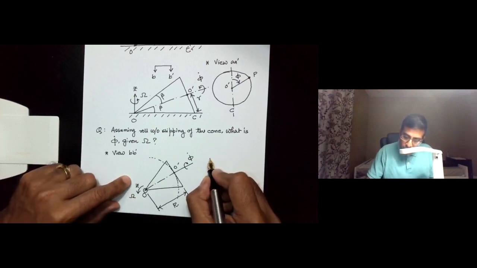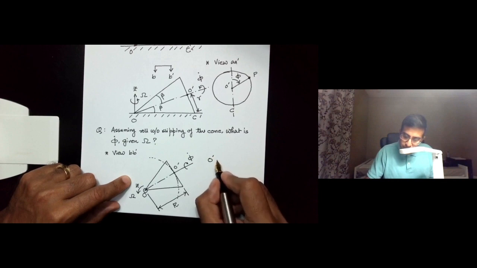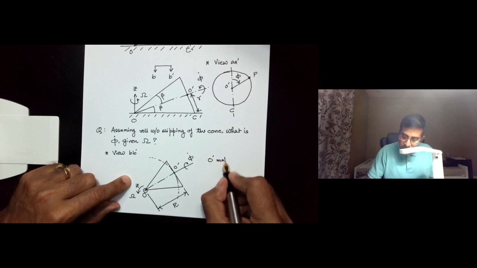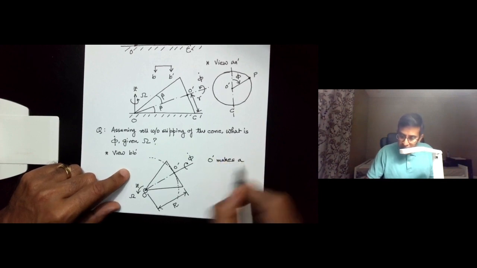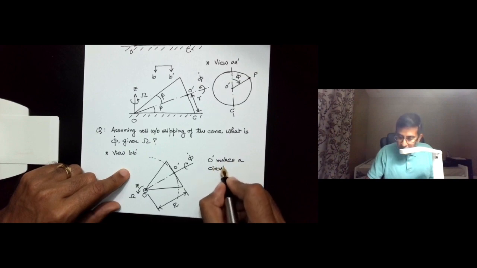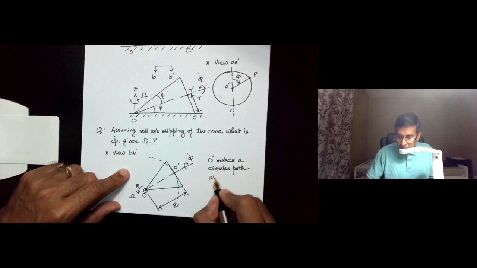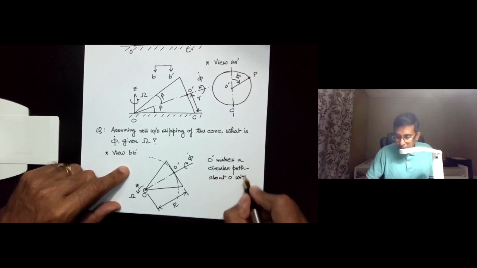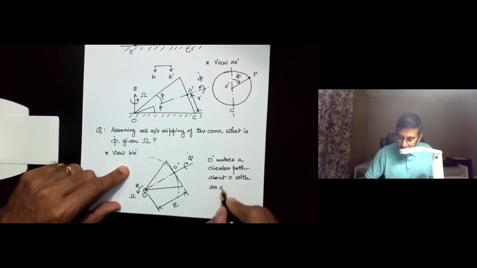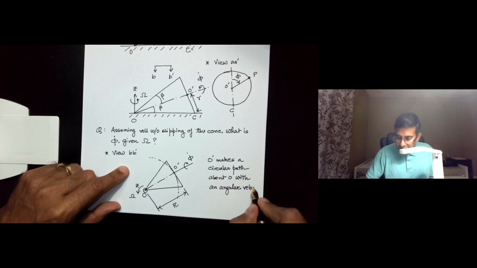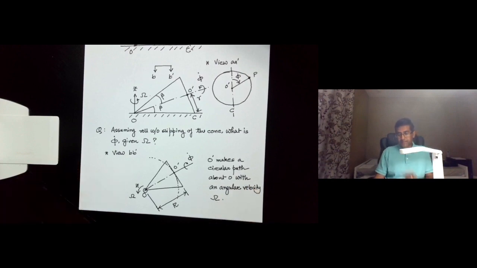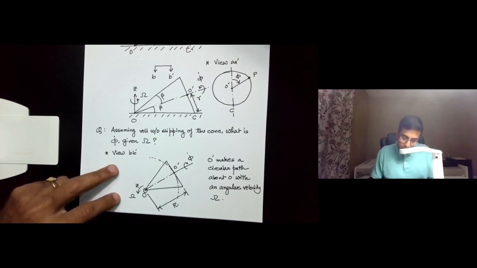So O prime makes a circular path about O with an angular velocity omega, right?